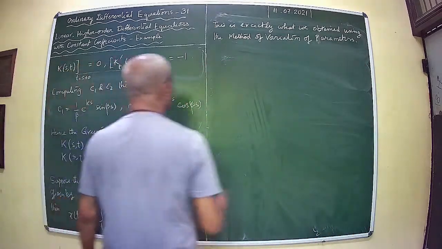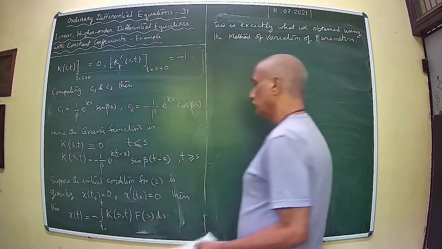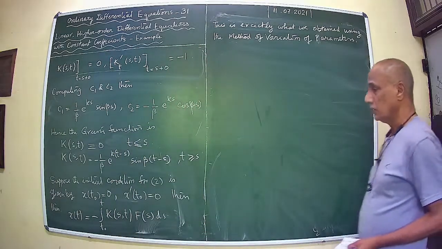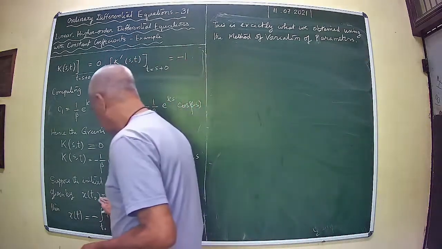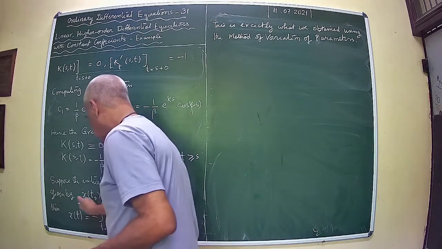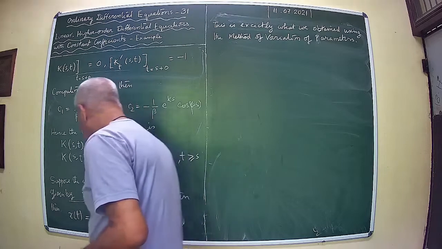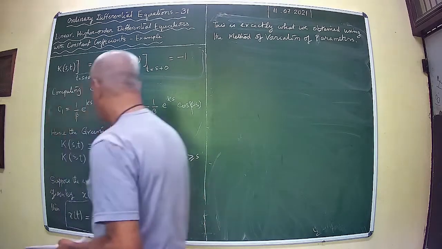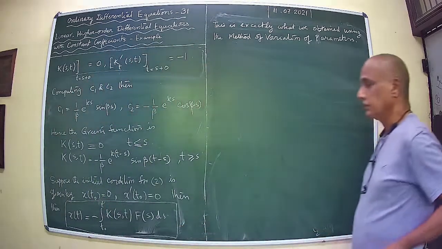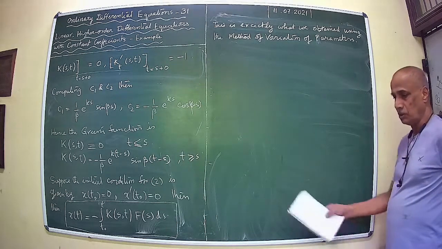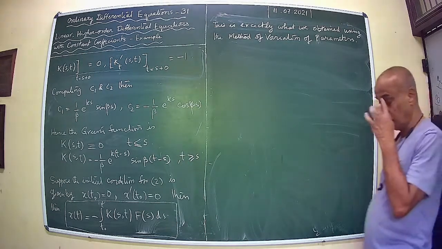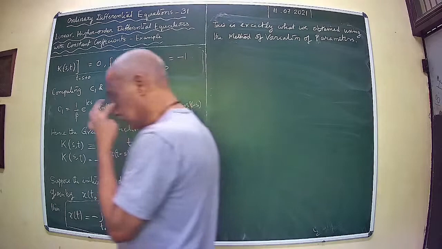Now we shall make some remarks. If you go back to the construction of the Green's function and compute all these details, that will give you a lot of insight into the problem.